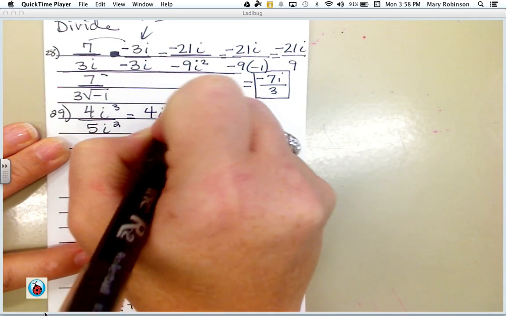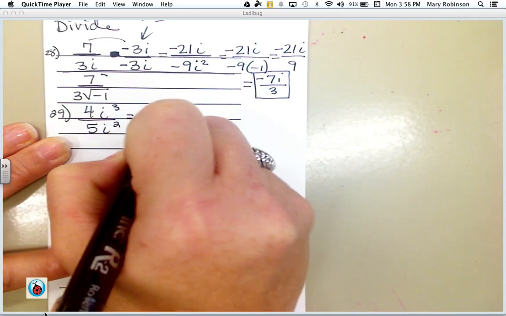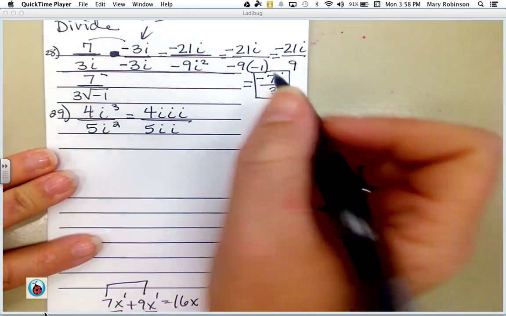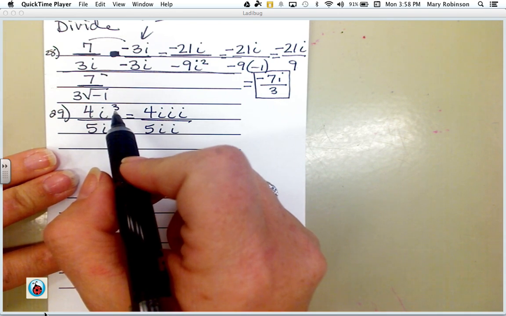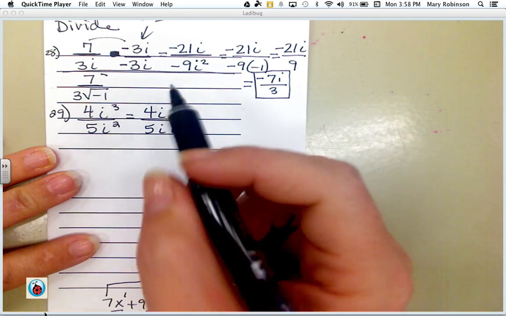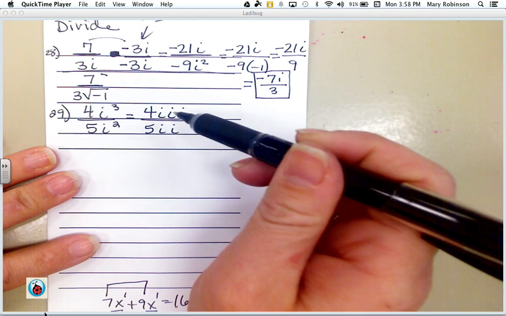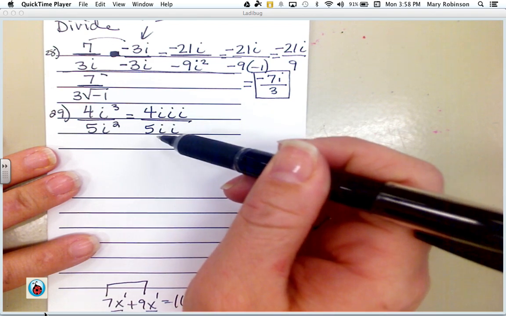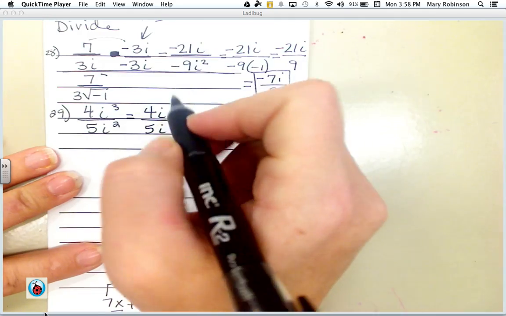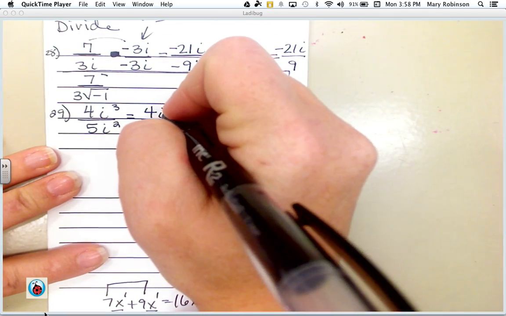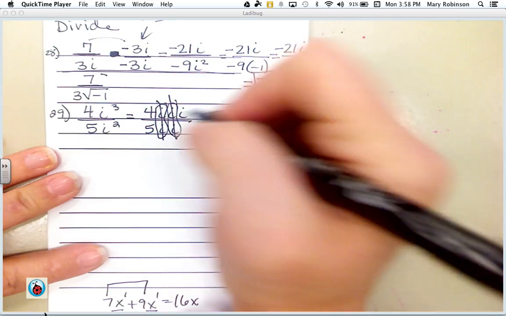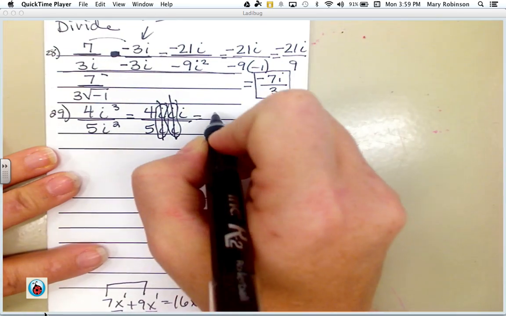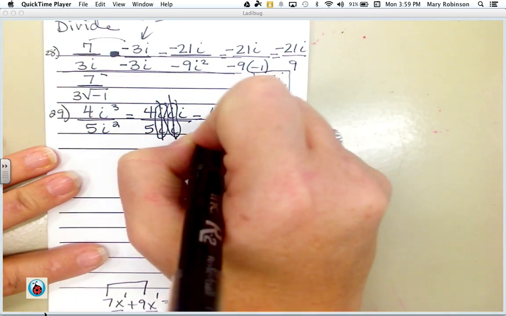But to help you understand what that really means, I'm going to expand out I cubed, because remember, exponents simply represent repeated multiplication. So this is 4 times I times I times I over 5 times I times I. Remember, though, that any number divided by itself really just equals 1. So basically they cancel out, leaving 4I over 5.